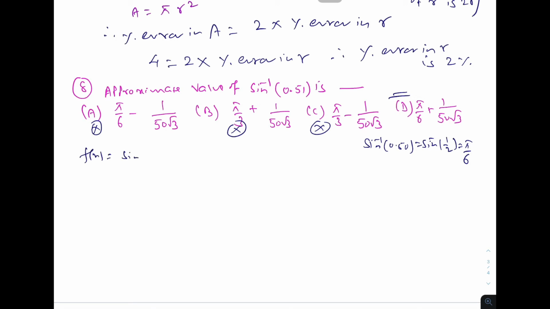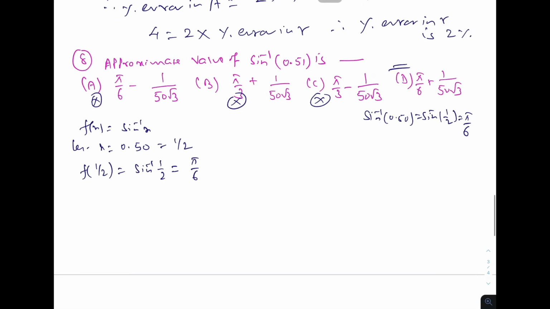f(x) equal to sine inverse x. Let x be equal to 0.50, or you can say 1 by 2. f of 1 by 2 is sine inverse 1 by 2, and that is pi by 6.